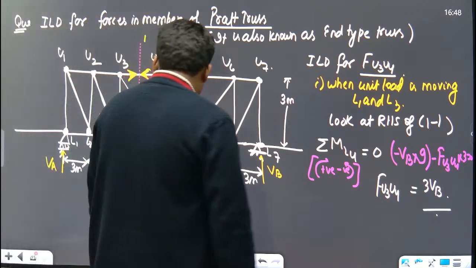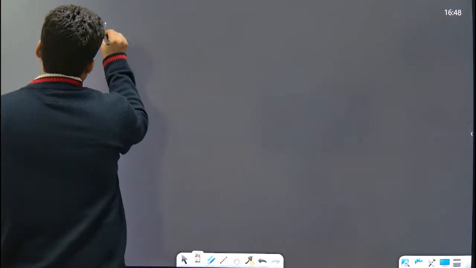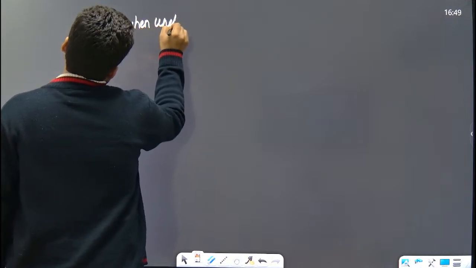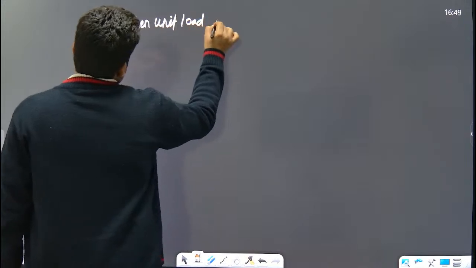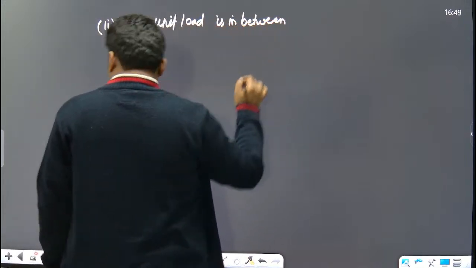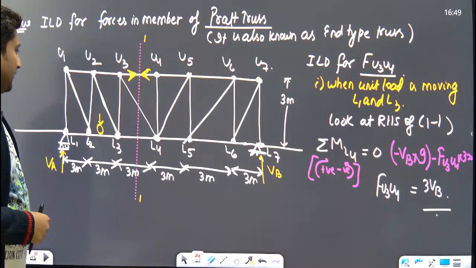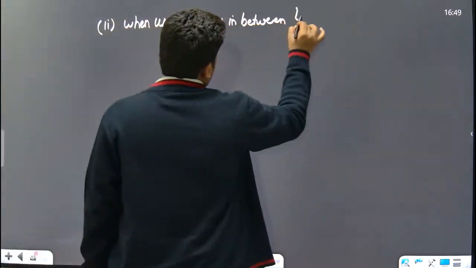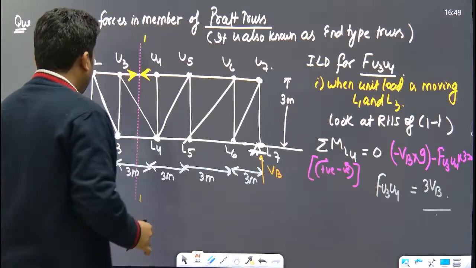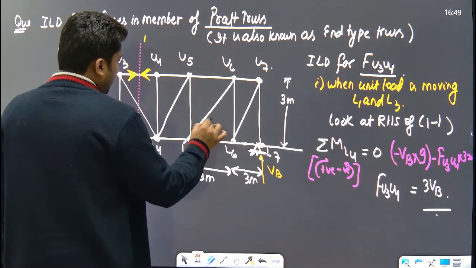Now case 2. Case 2 is when the unit load is in between L4 and L7. Now look, the unit load is somewhere at this location.